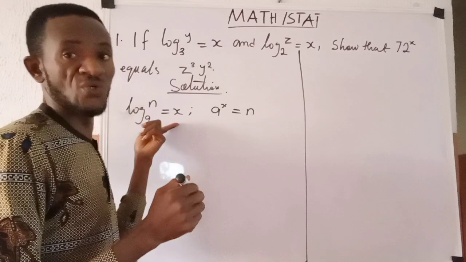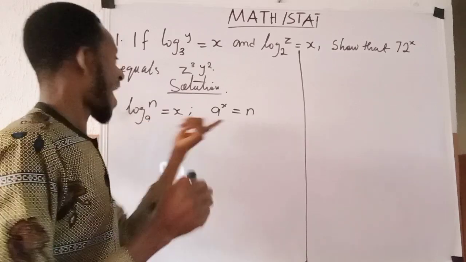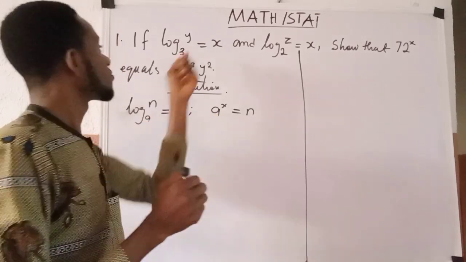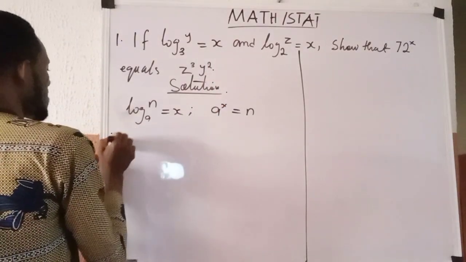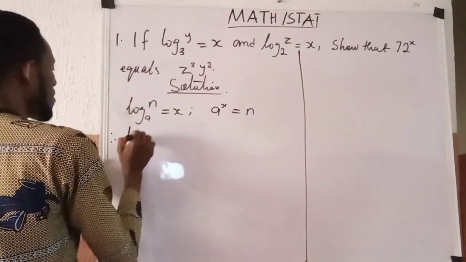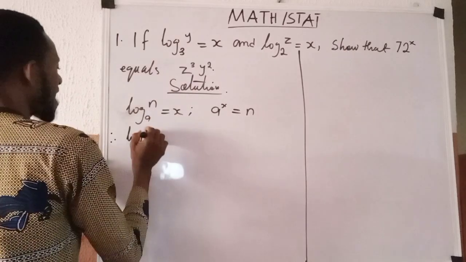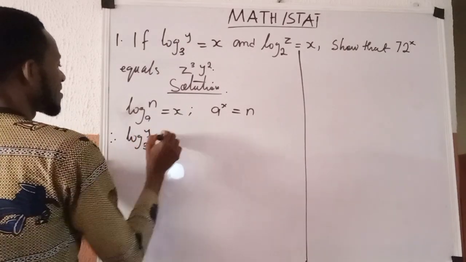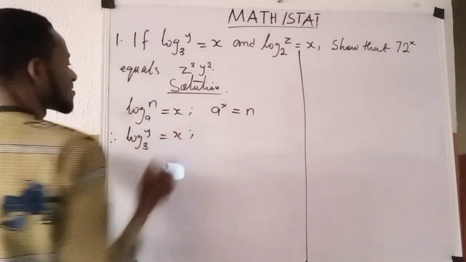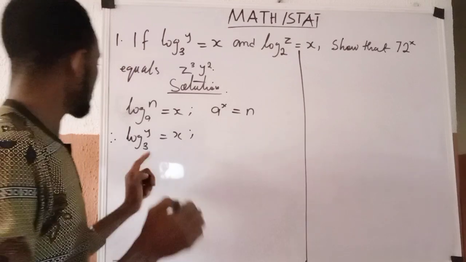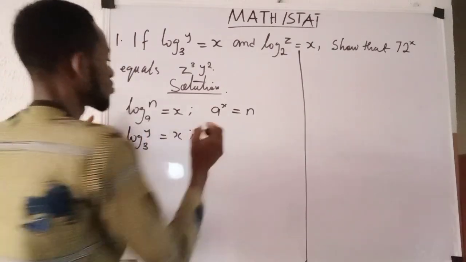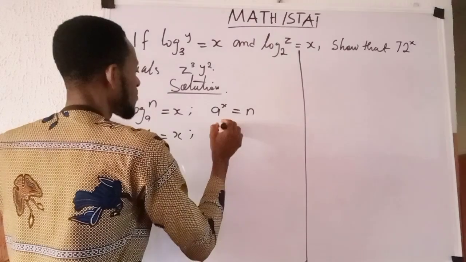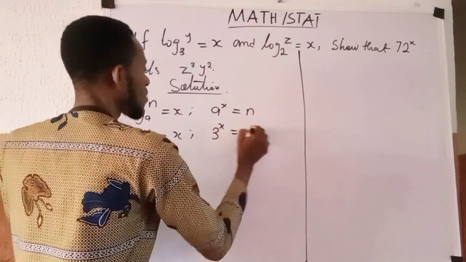So if this is true in logarithm, I can apply the idea now to what I have here. Therefore, log of y in base 3 is equal to x. It is going to imply 3 raised to power x is equal to y. So I have that 3 raised to power x is equal to y.